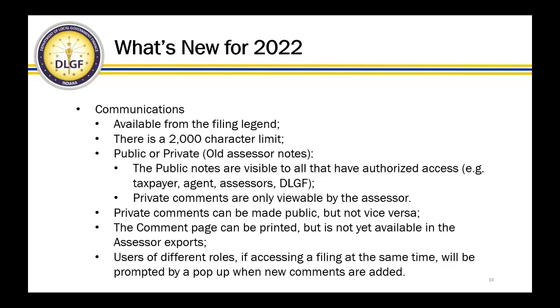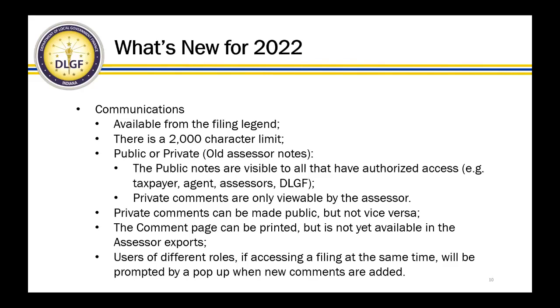Part of that involves is it a public note or comment, or is it a private note or comment? Public notes are visible to all those authorized to have access. So it could be a taxpayer, an agent, an assessor, a deputy, a DLGF member. Those are public notes, and it's basically open or available to anybody.